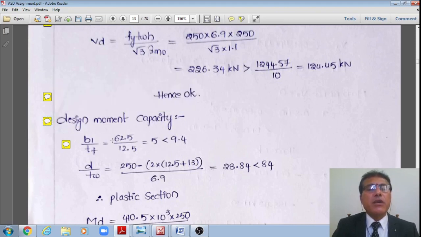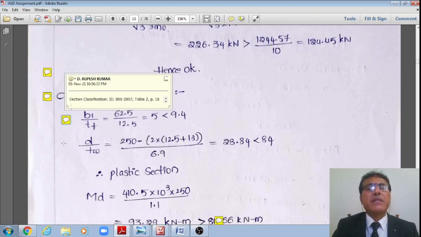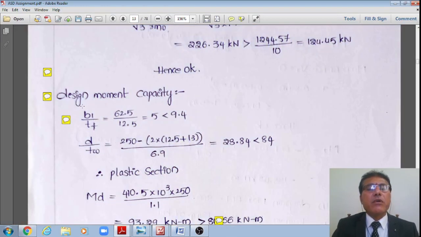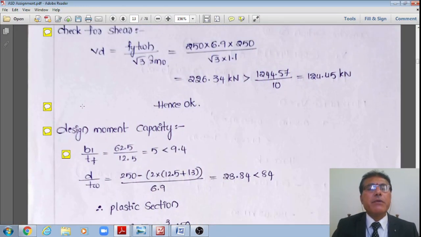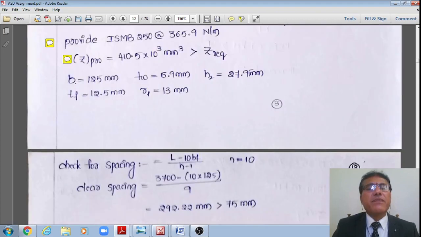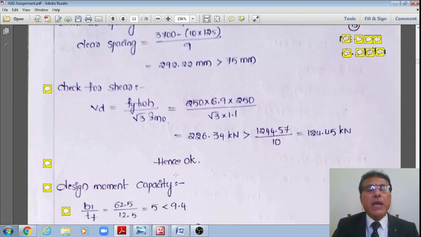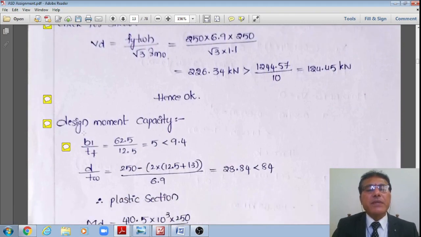Now, before that, I need to do the section classification as per Table 2, page number 18 of IS 800-2007. Then b1 by tf. The width of the flange b1 is equal to 125 divided by 2, which works out to 62.5, divided by thickness of the flange 12.5, which is much less than 9.4.